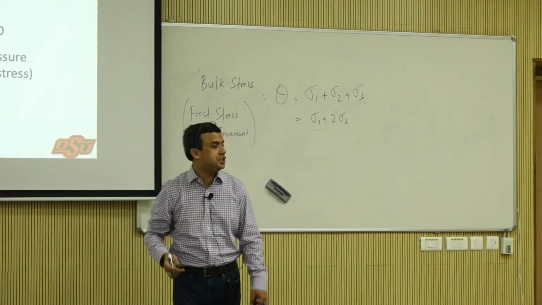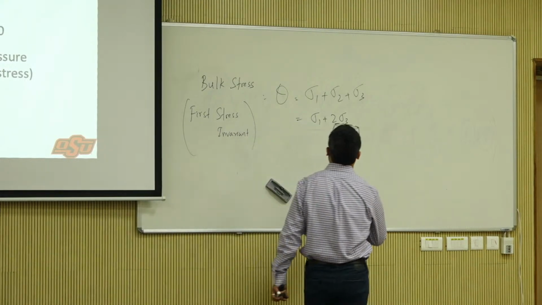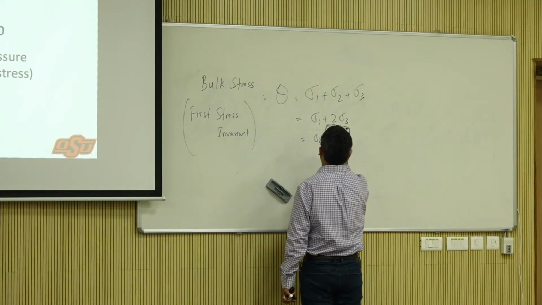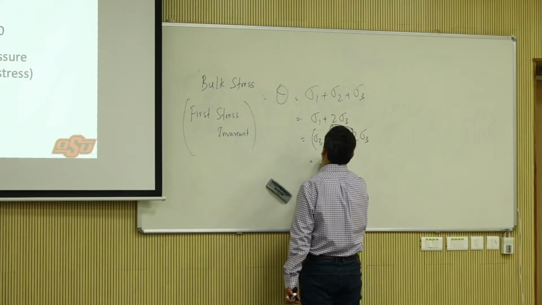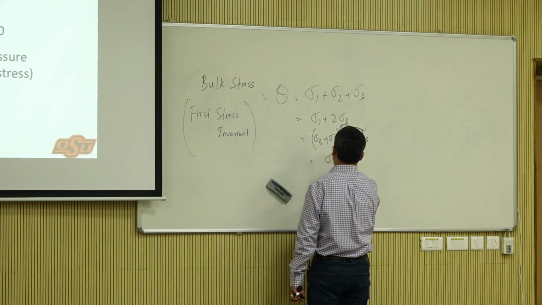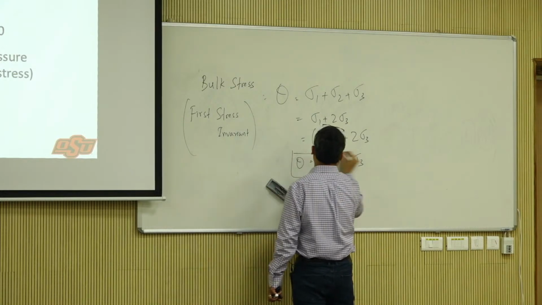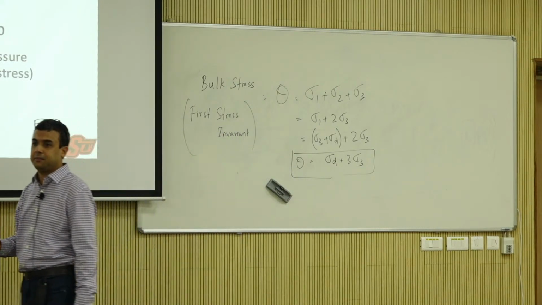What is the relationship between sigma 1 and sigma 3? Sigma 1 is sigma 3 plus sigma d, plus 2 sigma 3. So theta is sigma d plus 3 sigma 3.